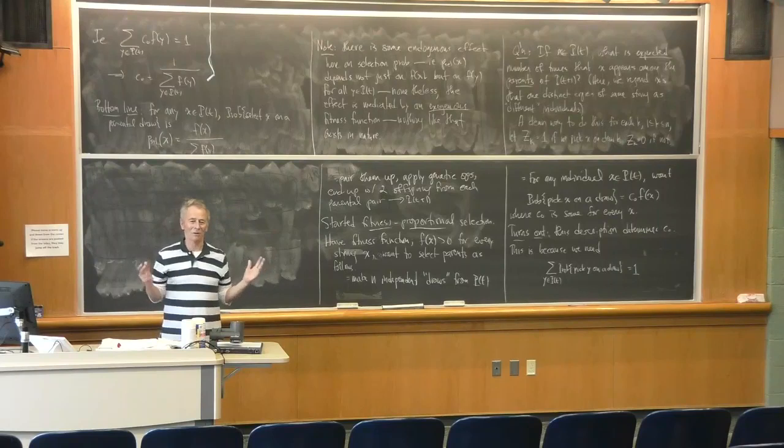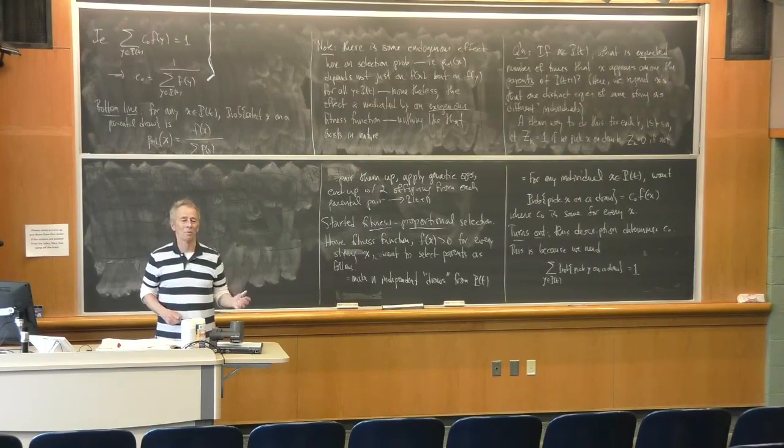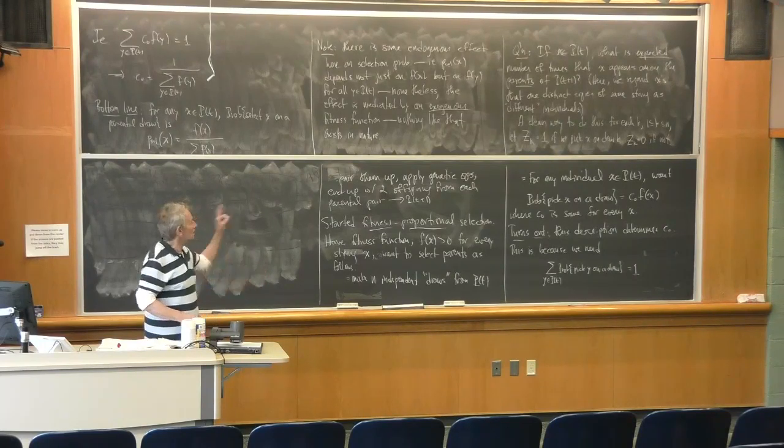A Bernoulli random variable is a 0, 1 random variable that takes on the value 1 with probability little p for some p. In this case, the little p is p_sel of x, because Zk is 1 when we pick x.